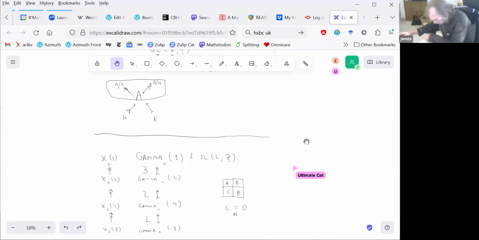Let's see, do I have the pictures here? Okay, I think I've got a picture here. Let me see if I can draw this. So this is supposed to be x sub 0 of 2, if I didn't screw it up. So let me just try and draw it.